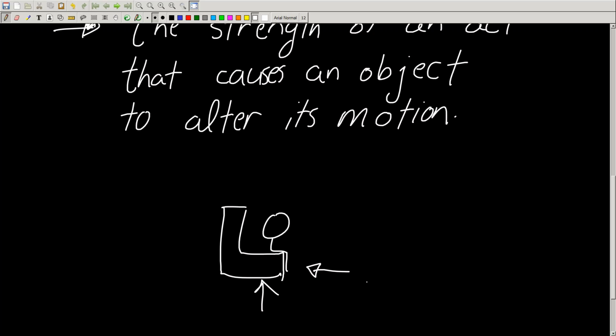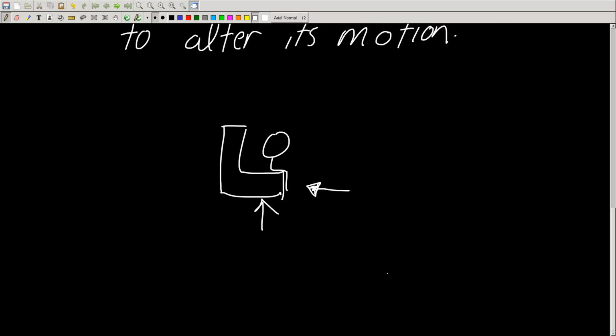That would be the force applied to the couch. It's the amount that lifts the couch a certain distance from its original position, the strength of that applied force, so that would be the magnitude of that force on the couch with me sitting on it. So that is a force.